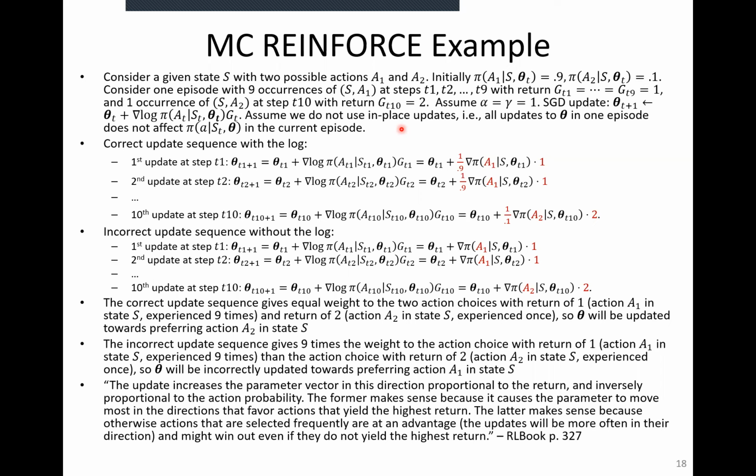So the correct update sequence with the log term is this. The first update at step T1 is this expression. If you plug in the pi in the denominator, you have 1 over 0.9 times the derivative of pi times the return 1.